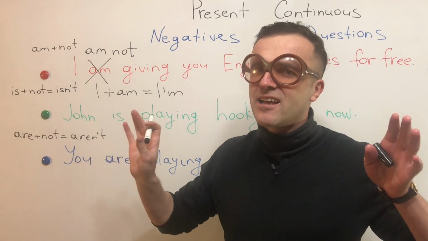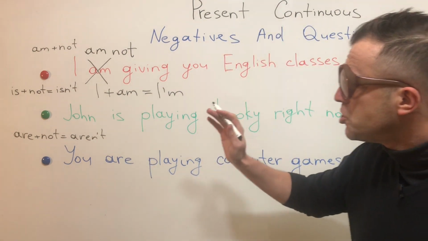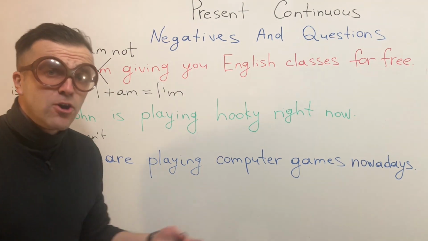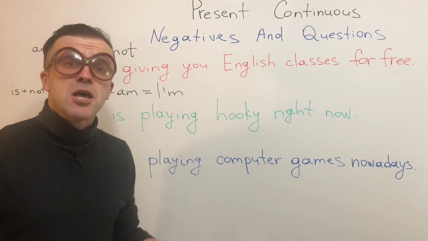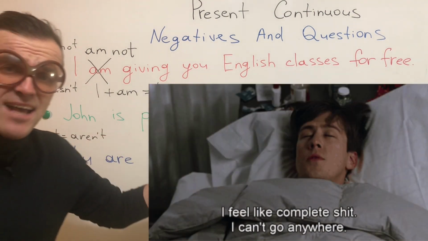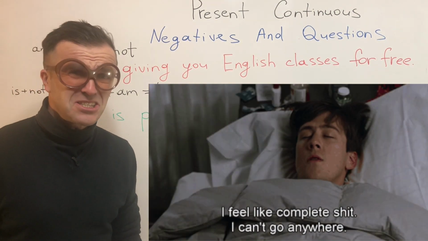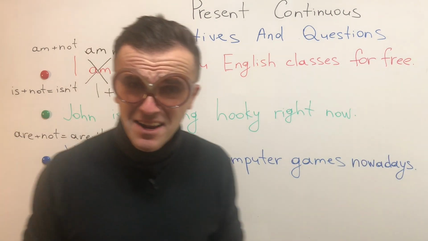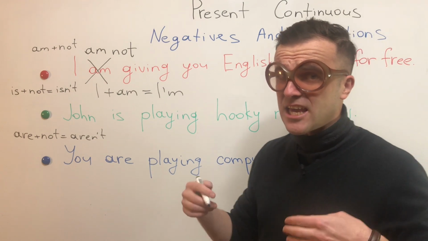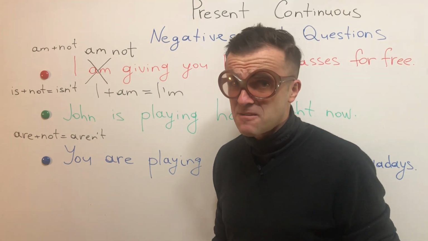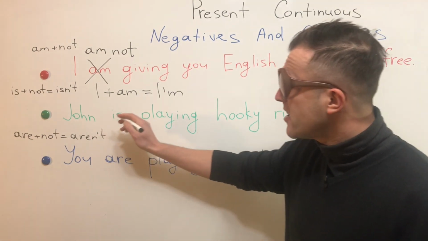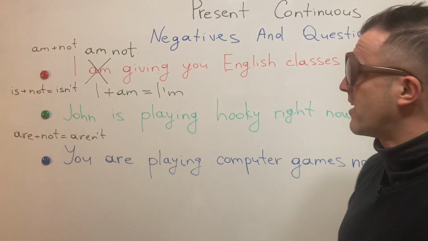So let's take another example. John is playing hooky right now. So playing hooky means misses classes. So John is missing classes right now. He's so naughty, that John, alright? But if John is obedient and he is visiting my classes right now, we can say John isn't playing hooky right now.